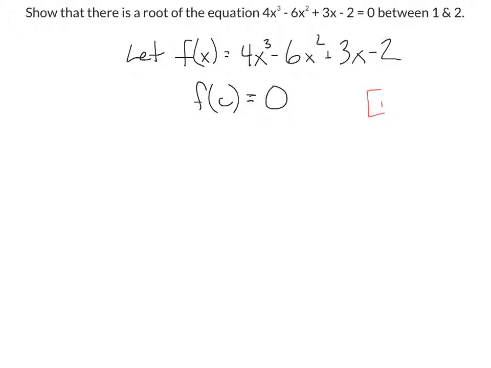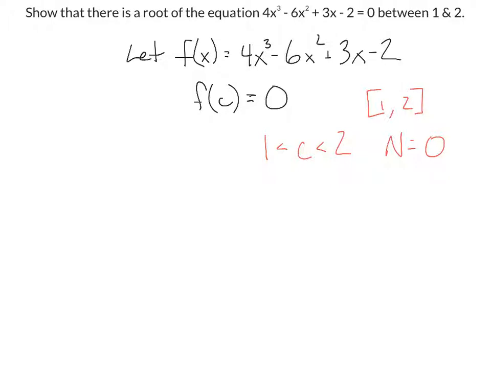And so it will definitely be continuous on the interval from 1 to 2. And I need to find some value c that is between 1 and 2, not including the numbers 1 and 2, and that should result in an n value of 0.